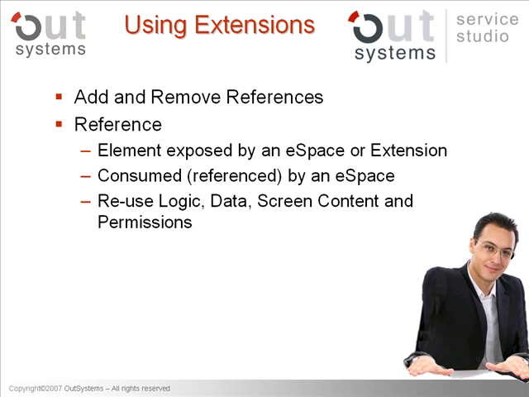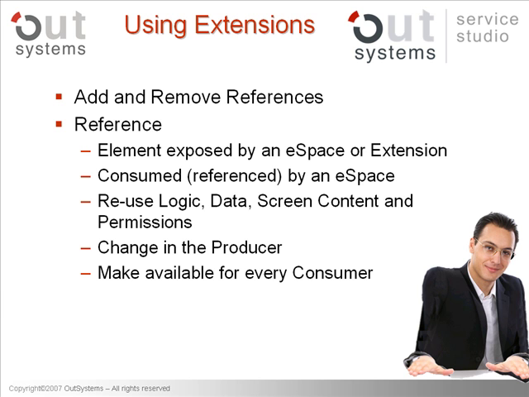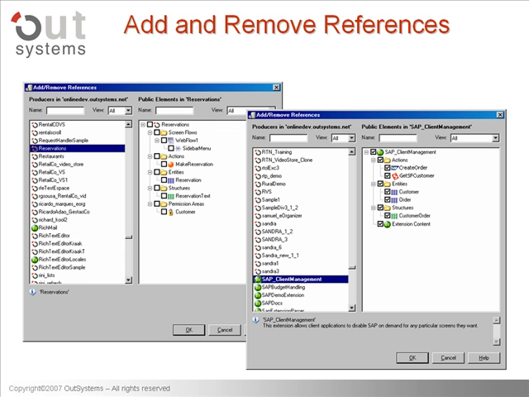Furthermore, whenever one of these elements needs to be changed, it is changed in a single centralized place, the producer eSpace or the extension, and the changes will be automatically available for every consumer to reference. In the Add and Remove References window, thus, you can select what you want to reference, be them actions, entities, structures, web blocks, permission areas, or resources.